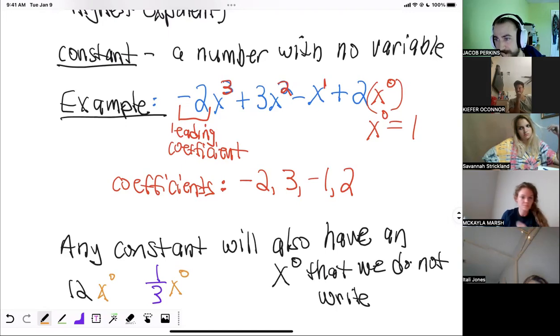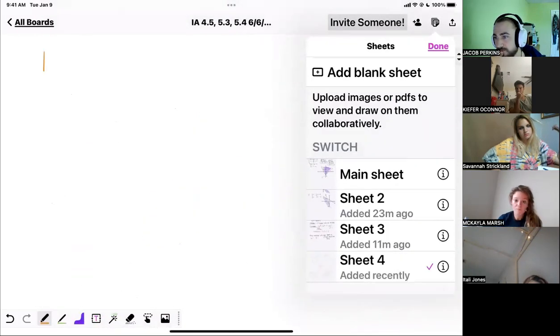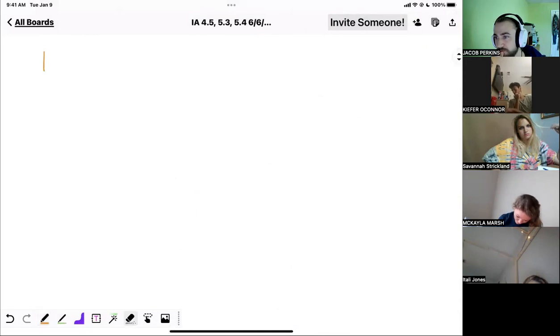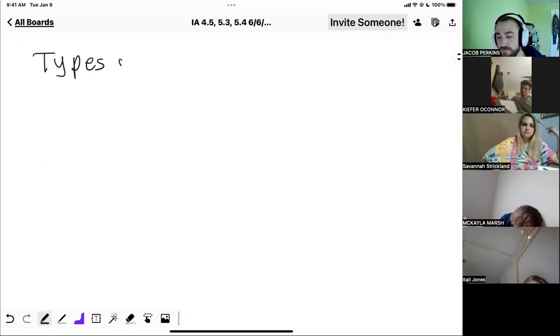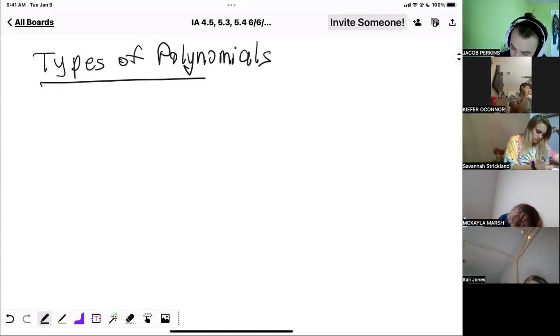They fall into different categories. Types of polynomials. Because when you name a polynomial, you have to be as specific as you can be.